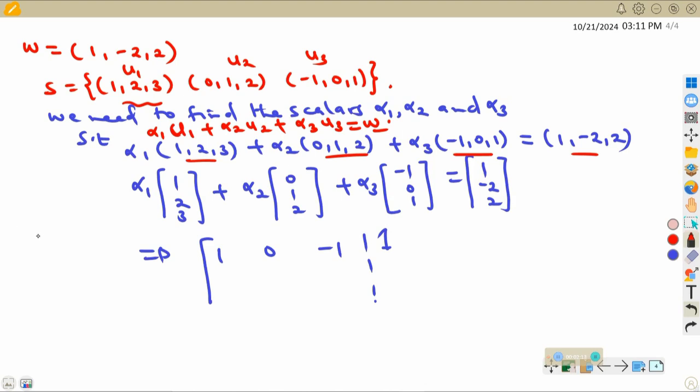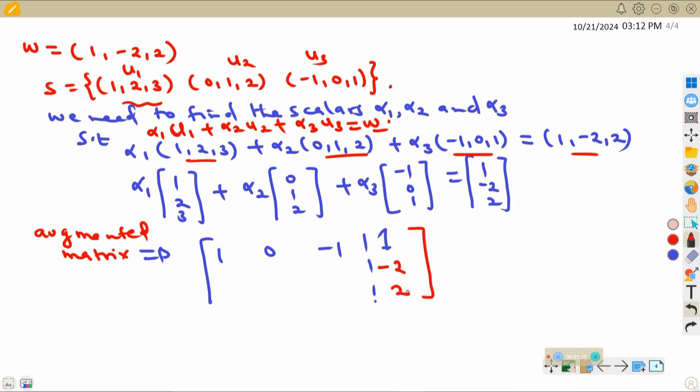The corresponding augmented matrix is actually the same. The only thing that changes is the constant matrix on our right hand side, that is negative 2 and 2.